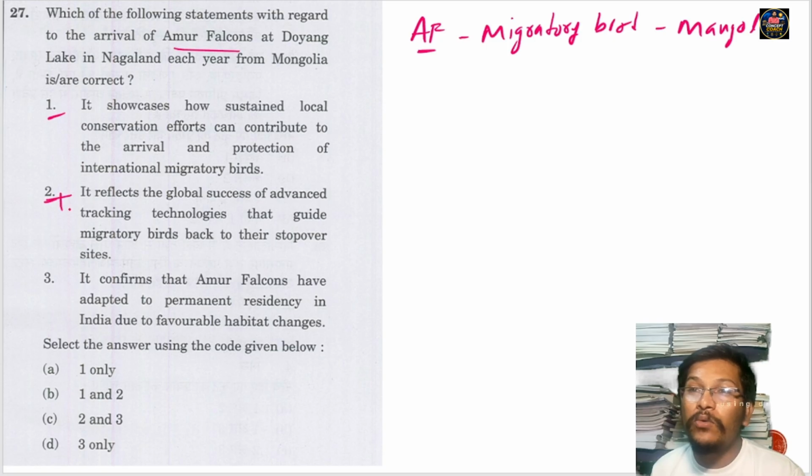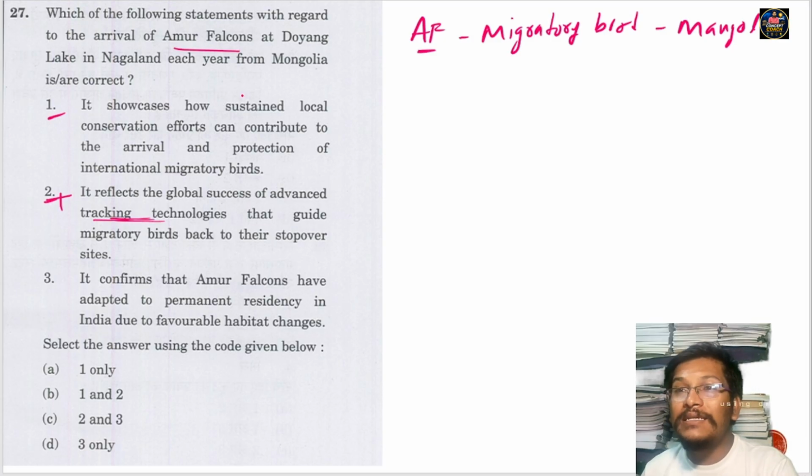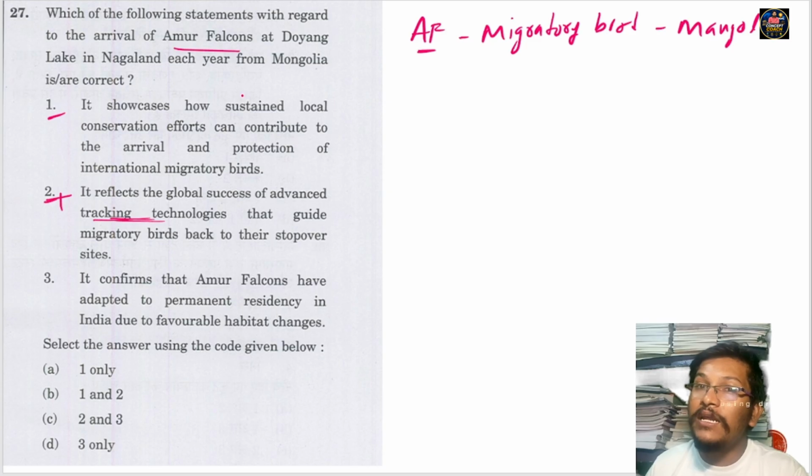This statement number two is wrong because the tracking technology used by scientists is to track their journey, not to guide the journey. Scientists have tagged three types of trackers to these migratory birds to study their journey, but not to guide them to stopover stations. So statement number two is wrong.